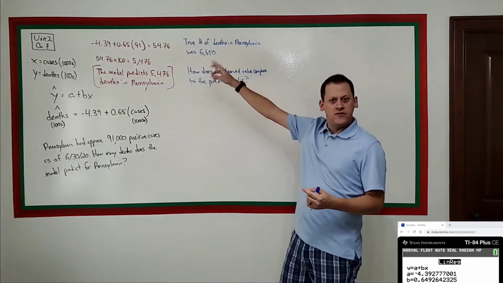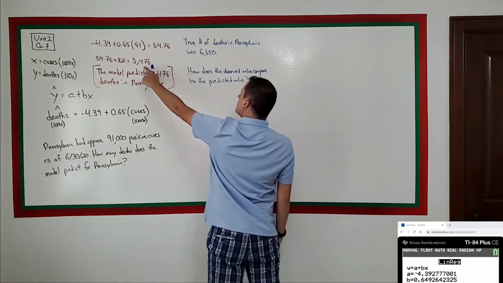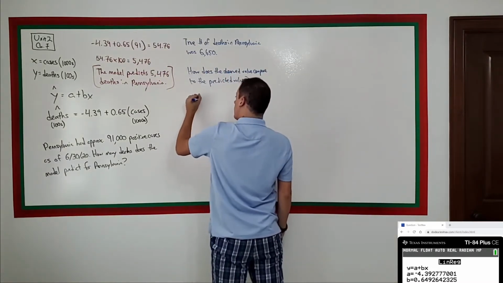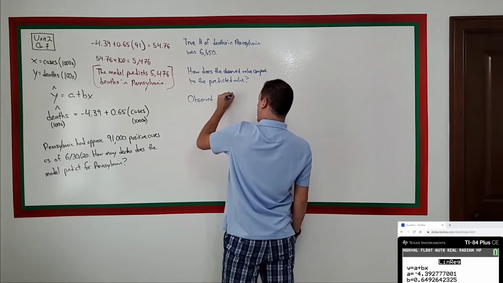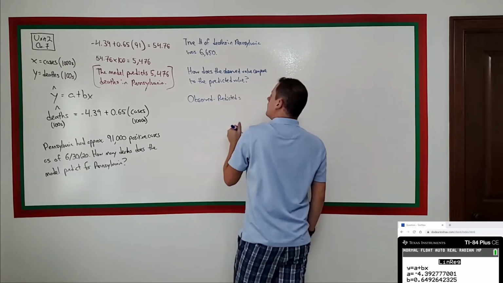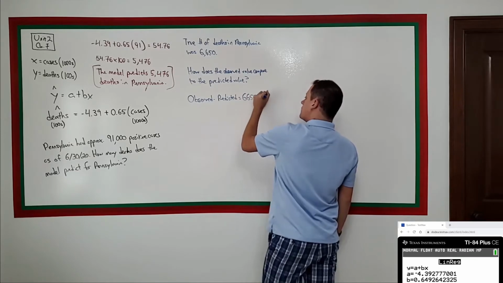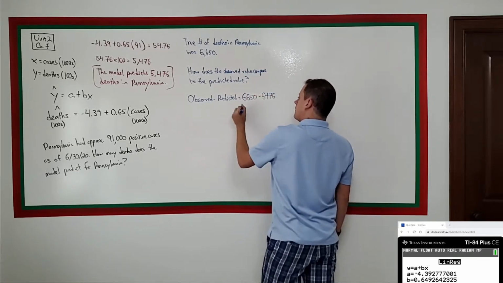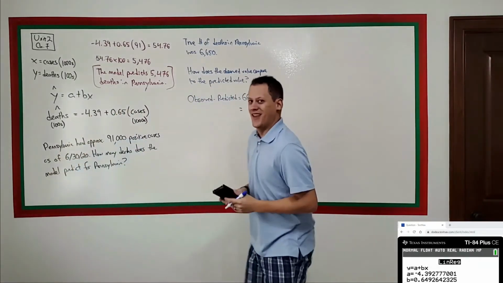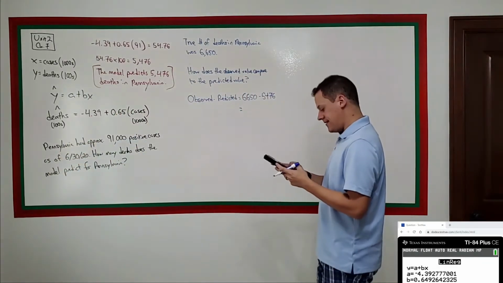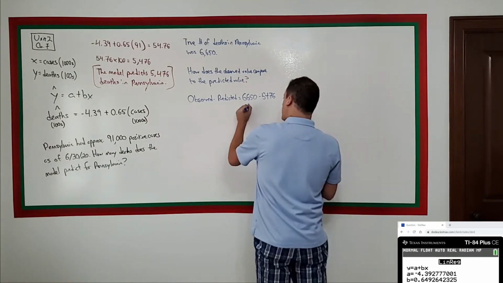Well, we could just take the two numbers and subtract, right? We could take the observed value minus the predicted value. So that's going to be 6,650 minus 5,476, which is going to be, I've always got one handy, just in case. It's very useful. 1,174.